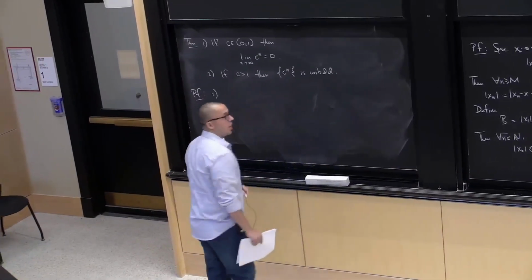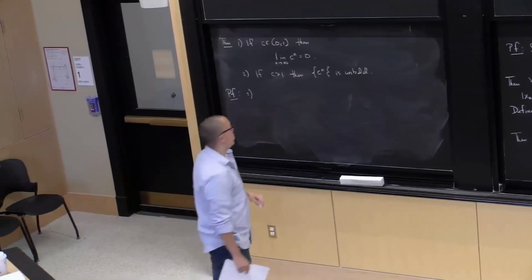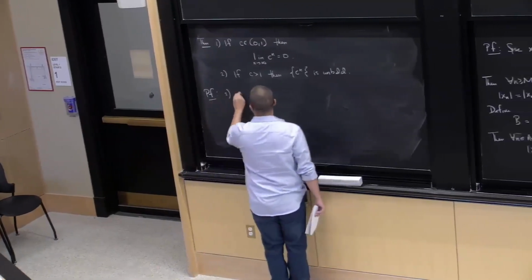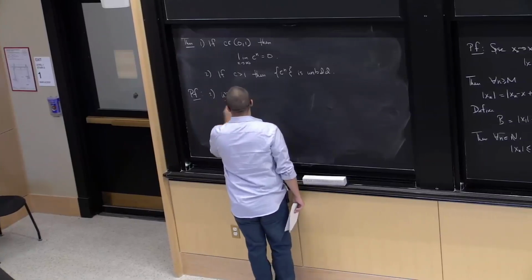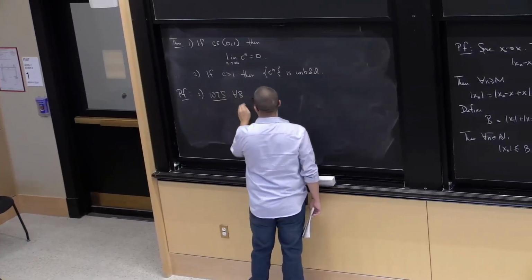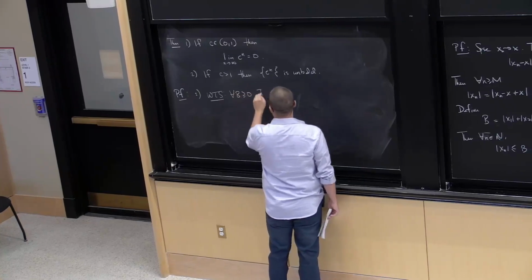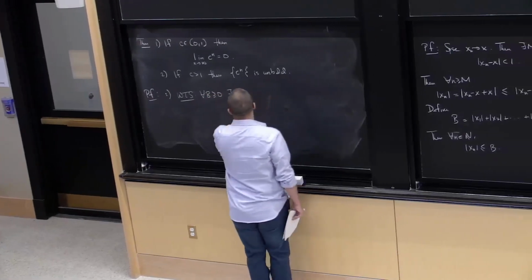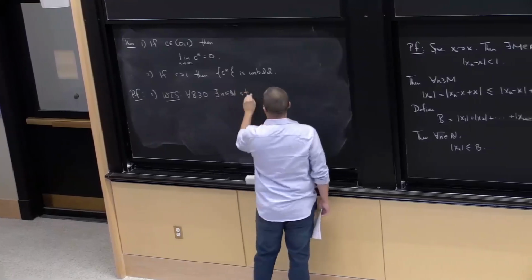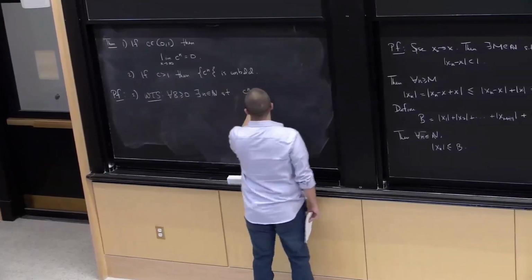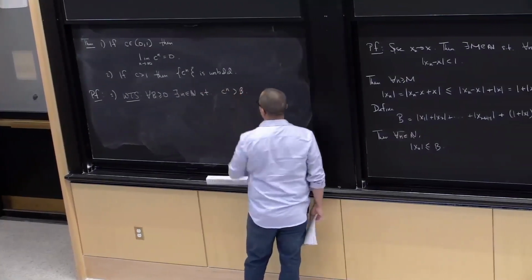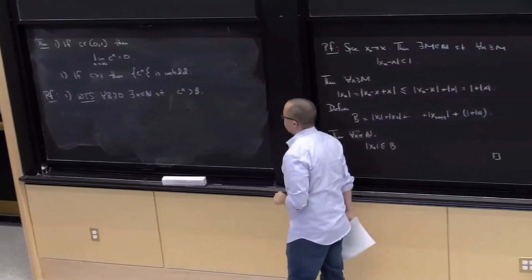Again, we get to use our negation skills. What do we want to show? For all b bigger than or equal to 0, there exists an n, natural number, so that c to the n is bigger than b. Okay?